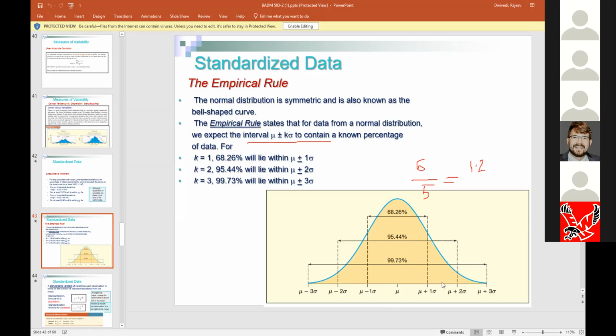Mu minus 2 sigma to mu plus 2 sigma is called 4 sigma, and its value is 95.44%. Mu minus 3 sigma to mu plus 3 sigma is called 6 sigma, and 99.73% of the data will be within it, so almost the whole range. This is called the empirical rule, and let's do the practical thing here.